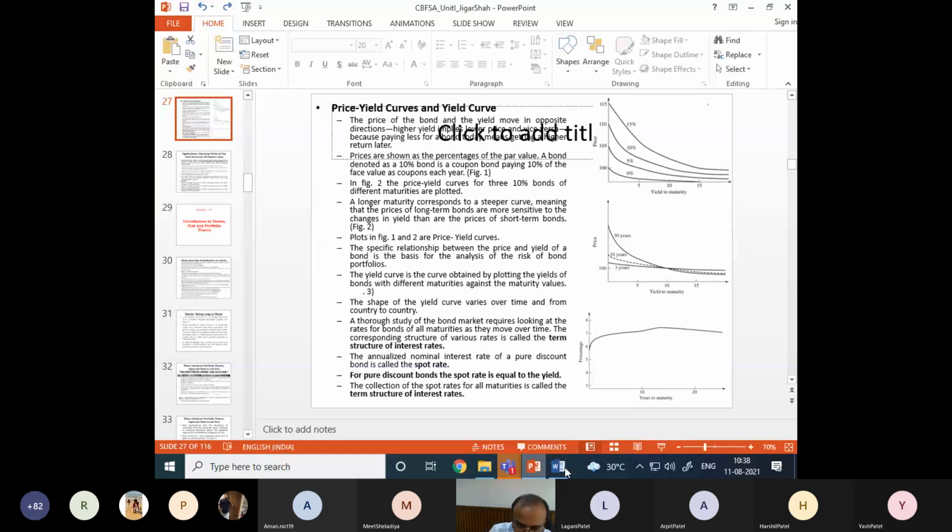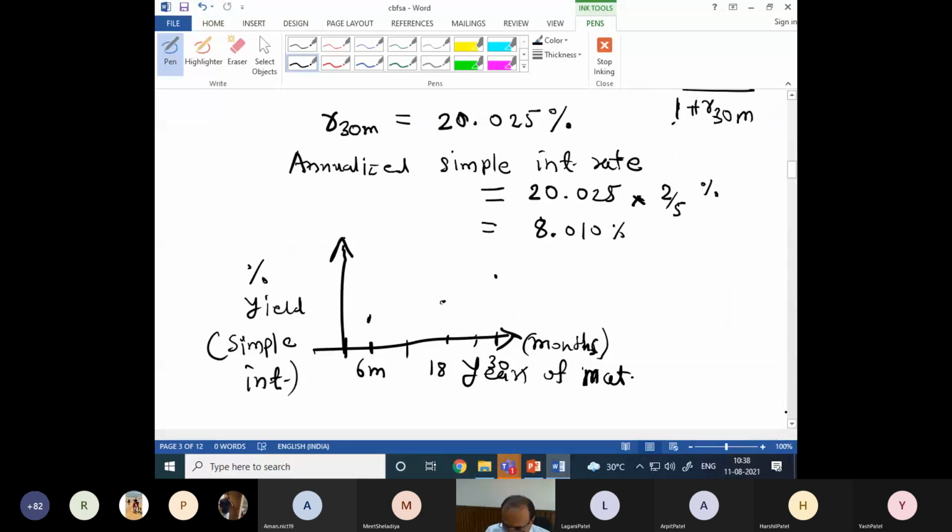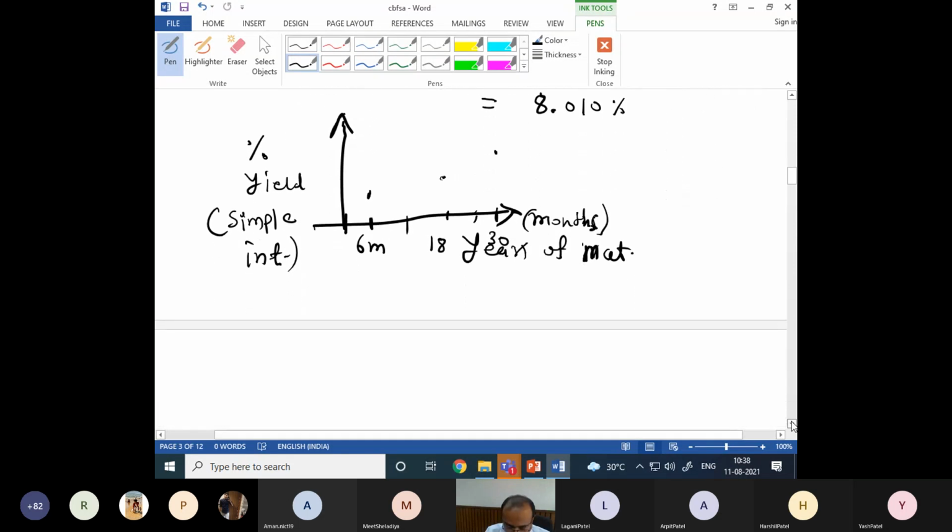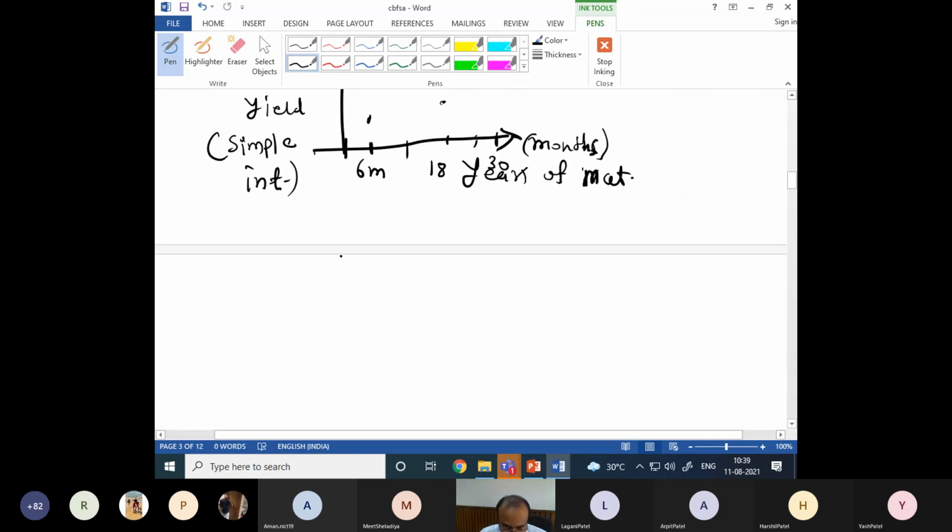Now we go to the compound interest calculation for this same. So we can plot this yield curve using simple interest or using compound interest. Now let me go to the compound interest philosophy, for each of these three cases.